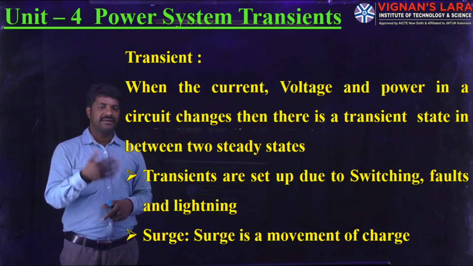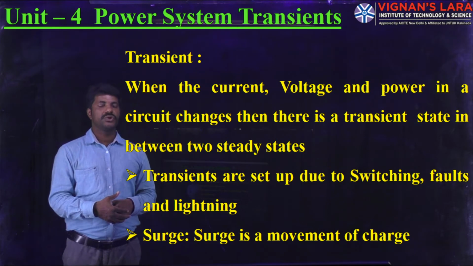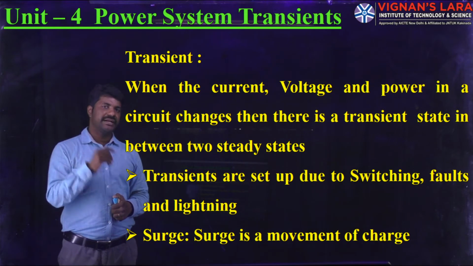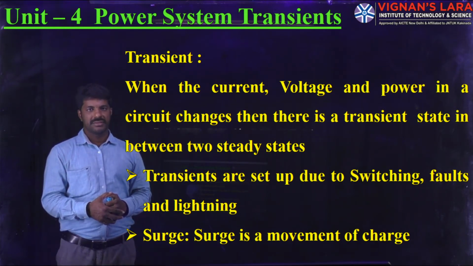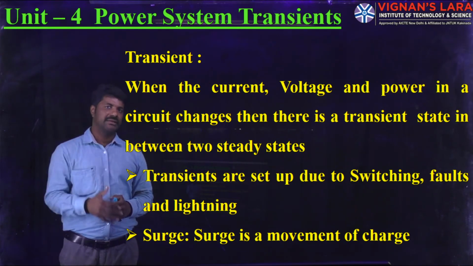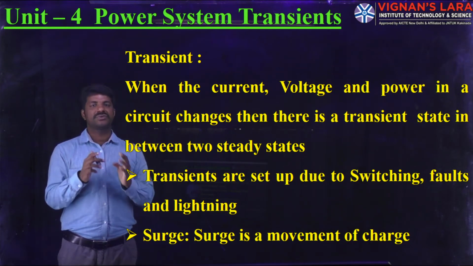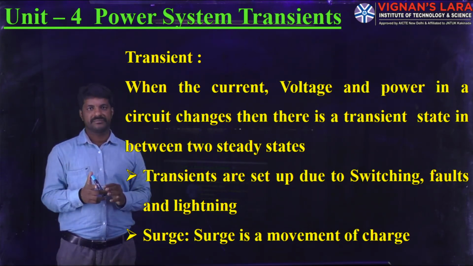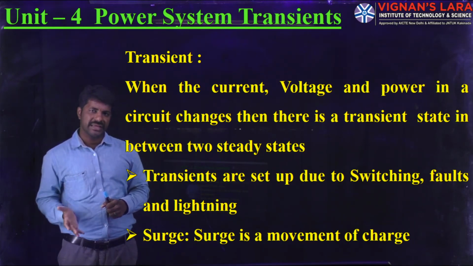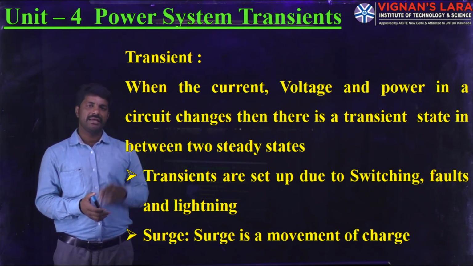And the third one is an external effect, that is lightning. During weather conditions, whenever atmospheric conditions are not good, during rainy seasons, we expect some lightning strokes to appear. Whenever lightning strokes occur, immediately the conductors running over the towers will be subjected to transients. The magnitudes of the voltage will rise very fast with a short rise time and reach peak values.